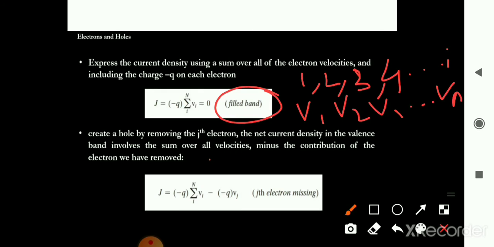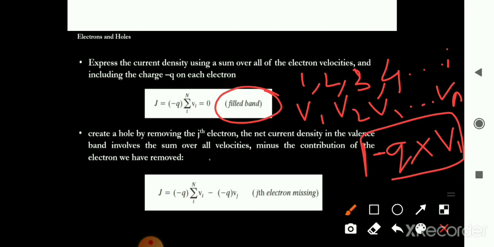So here, in order to calculate the current density, we need to multiply the velocity with the charge. The charge of an electron is minus q, because here we are considering the electron. So that is minus q into the velocity v1. This is for one electron. Similarly, how many electrons are there? N electrons are there. The charge is the same for all electrons.